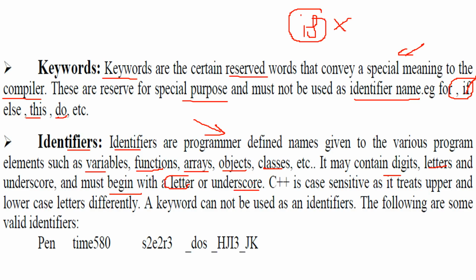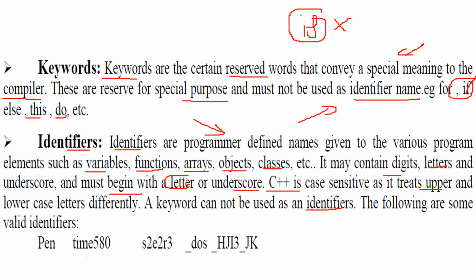You cannot start it with any number or numeral. C++ is case sensitive. That means if you write uppercase, it will be very different from lowercase. So a keyword cannot be used as an identifier, as we just indicated.